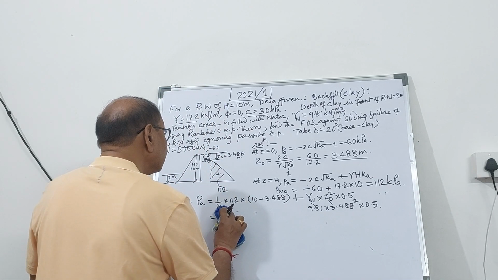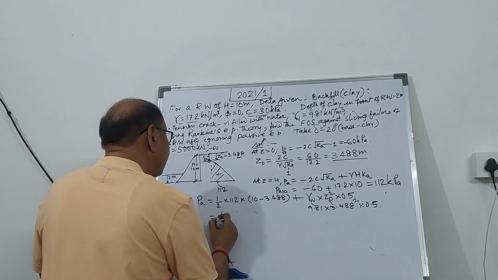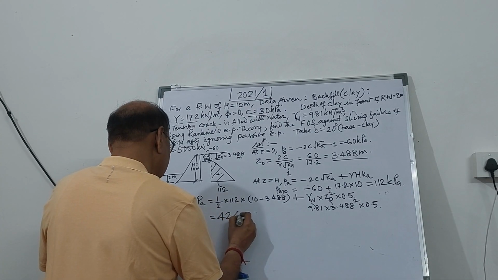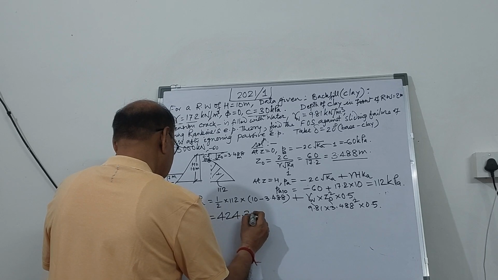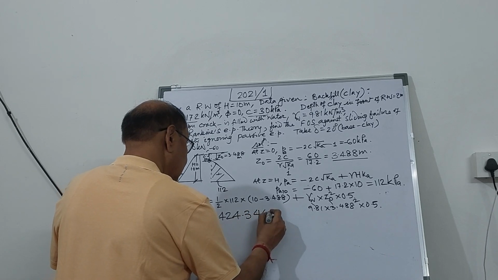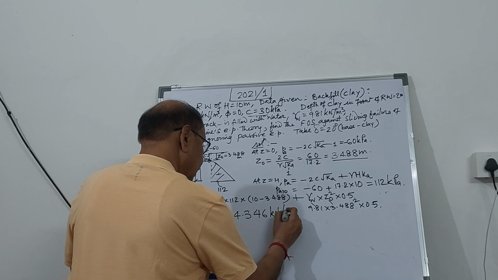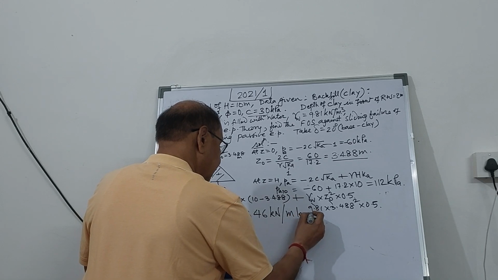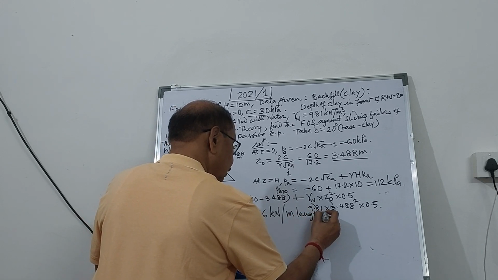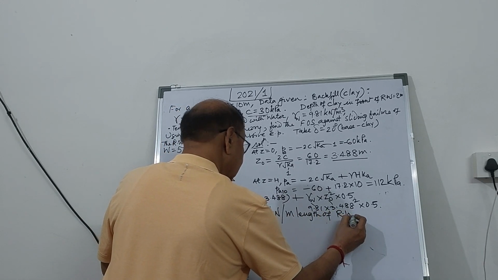This gives me 424.346 kilonewton per meter length of retaining wall.